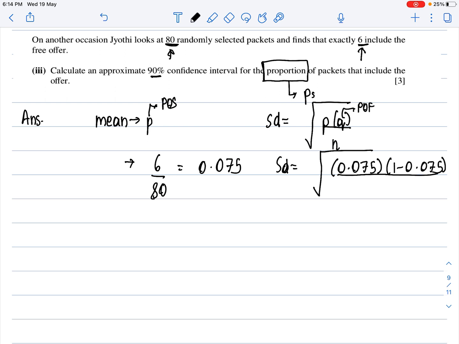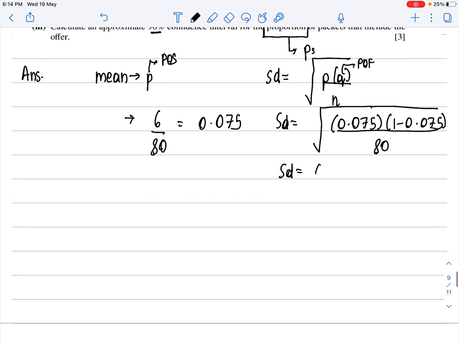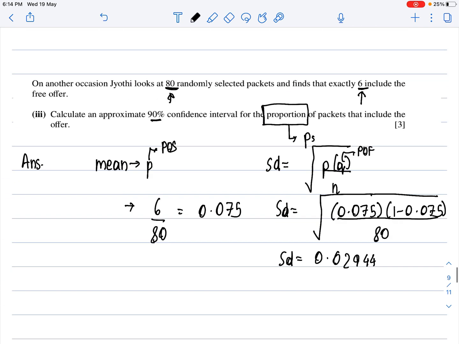I know n is 80 because I've taken 80 packets. I can use my calculator to solve this, and the answer I get is 0.02944. Now I need a 90% confidence interval.